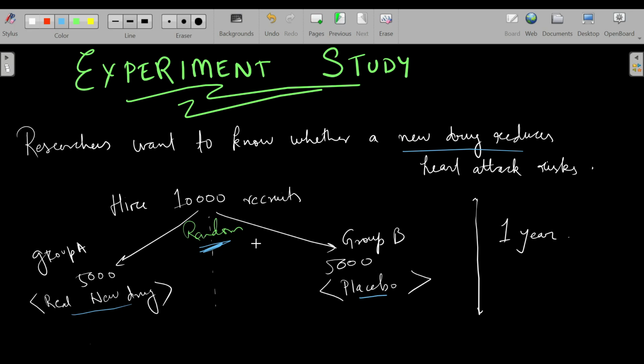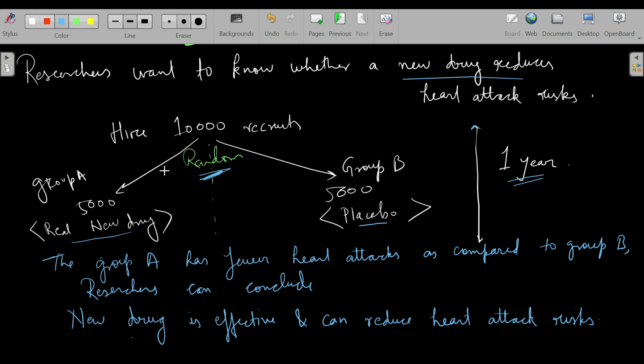Now they will monitor the health of the people in group A and group B for 1 year. After 1 year, the researchers will look into the results and reach some conclusion. If group A has fewer heart attacks as compared to group B, researchers can conclude that the new drug is effective and can reduce heart attack risks.